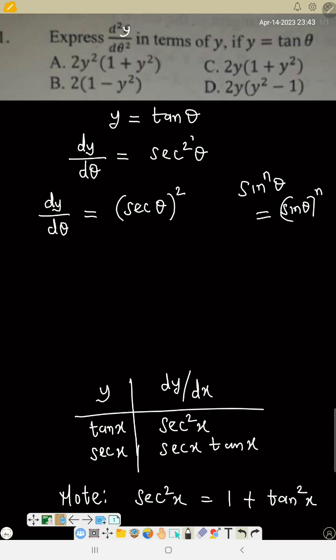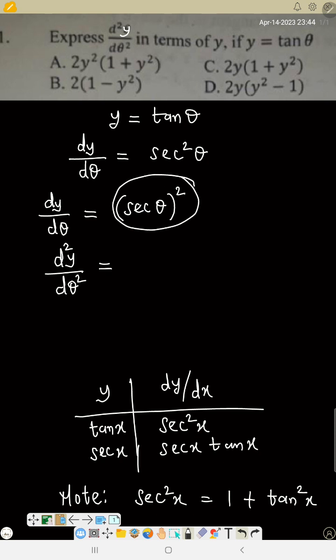So now this is a function of a function, and I'm going to differentiate it using function of a function. Go and watch my video on function of a function.